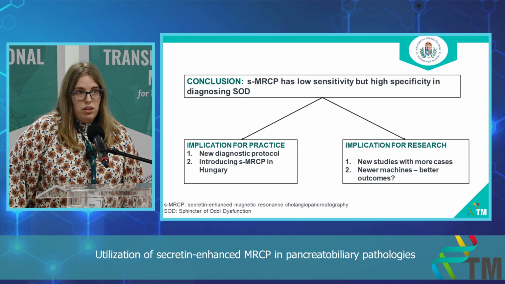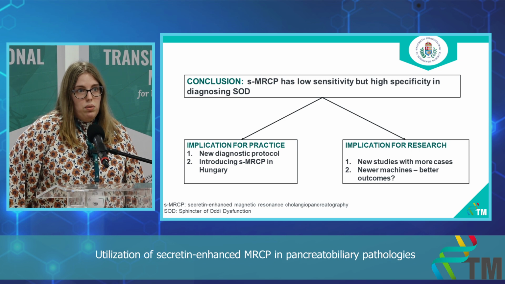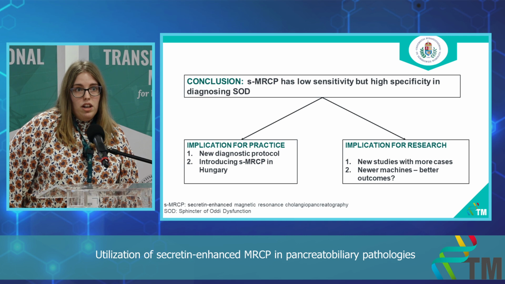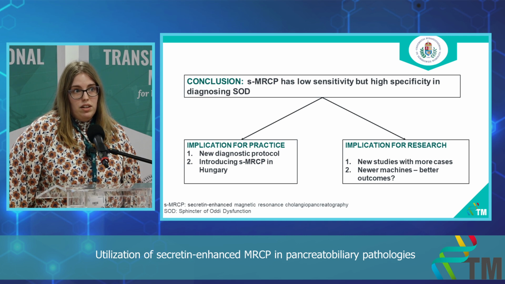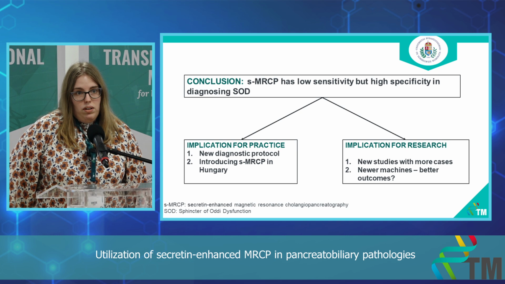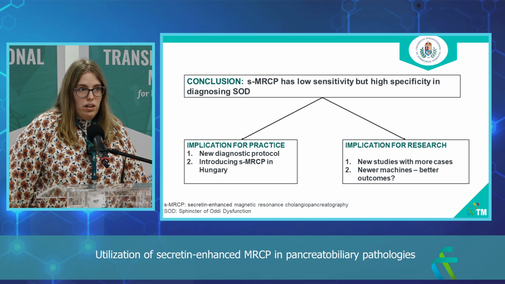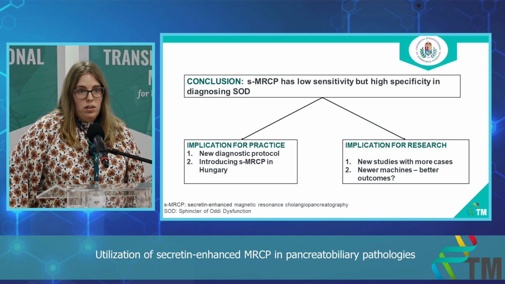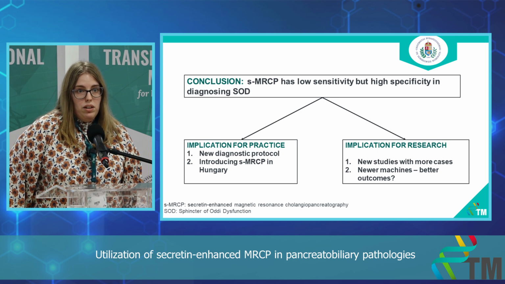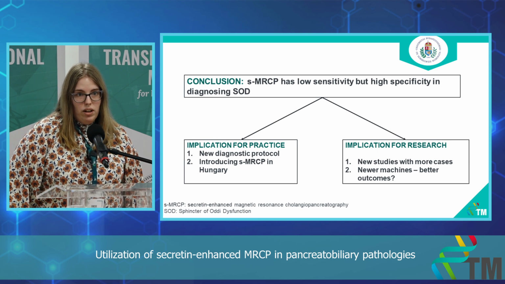So to conclude, our results show that secretin-enhanced MRCP has low sensitivity but high specificity in diagnosing sphincter of Oddi dysfunction. What does it mean for us? Well, first, regarding the low number of studies and relatively old studies, there should be new studies with more patients conducted.